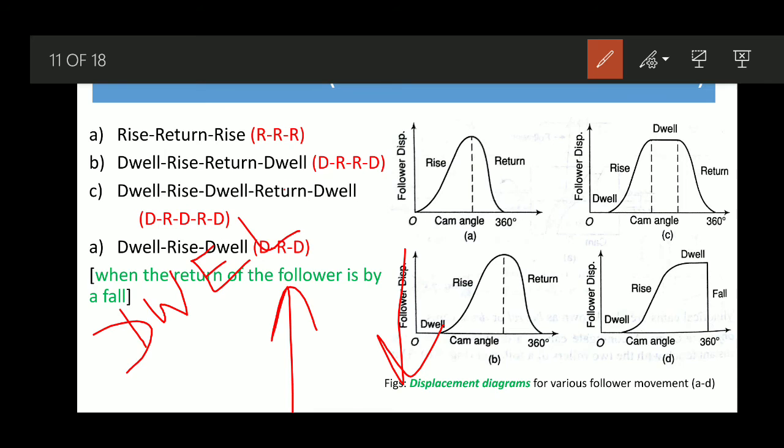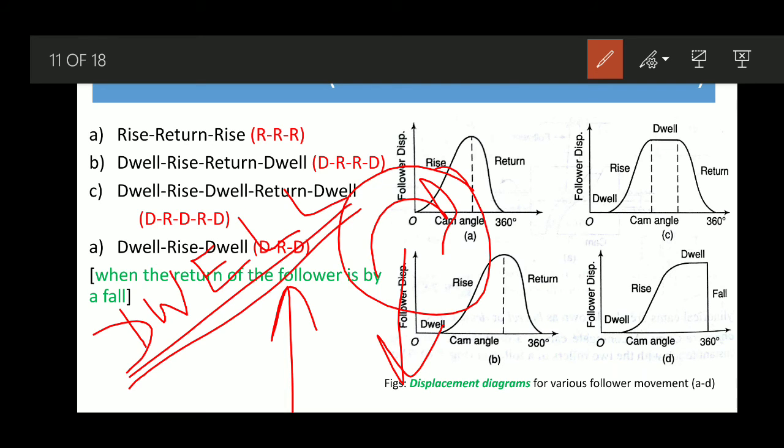So what happens in the dwell? Dwell is a stroke when the cam is having continuous movement. The cam is rotating but the follower remains stationary. There is no movement or no displacement of the follower. That portion is known as the dwell. And generally, how can we obtain dwell?